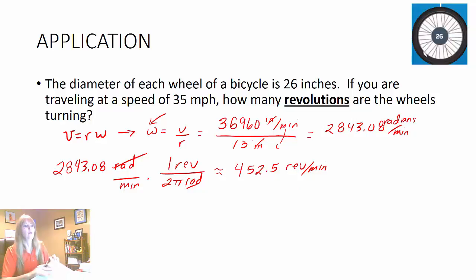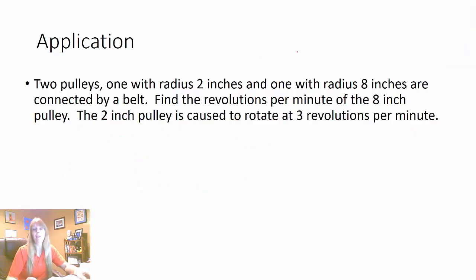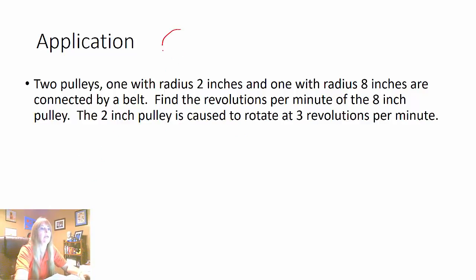All right, so this next one is actually my math lab question. It says you have 2 pulleys. So I have, let's say, this pulley here, and I have another pulley here, and there's a belt that's connecting them, running like that.